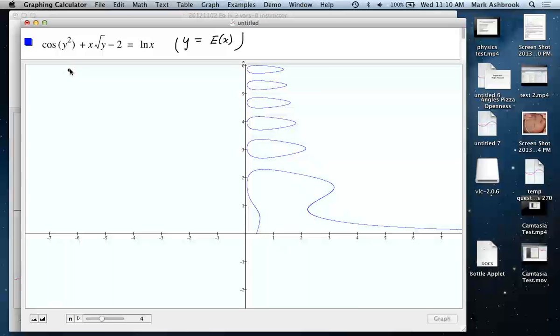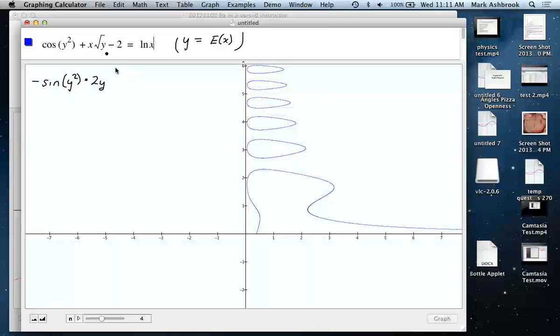This counter over here. Negative sign of y squared times 2y.